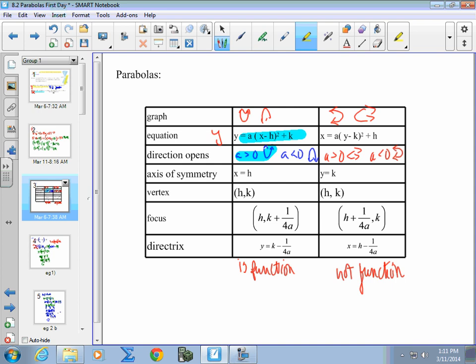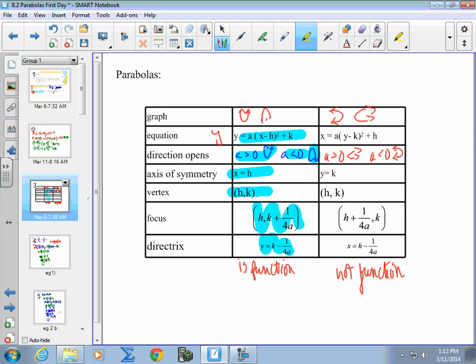If a is a negative number, it faces down. We found the axis of symmetry to be x equals h, and the vertex to be (h, k). The focus for this is (h, k plus 1 over 4a), and the directrix is y equals k minus 1 over 4a.